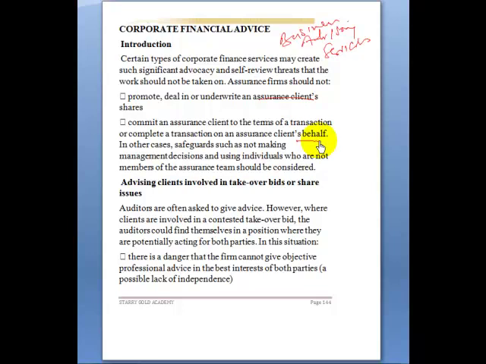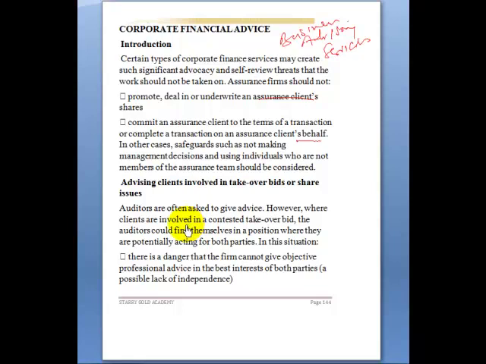When you are providing corporate financial advice, advising clients involved in takeover bids or share issues, auditors are often asked to give advice. However, where clients are involved in a contested takeover bid, the auditors could find themselves in a position where they are potentially acting for both parties. The companies being taken over are asking for your advice, and the people that are going to take over are also asking for your advice, so you have a conflict of interest.